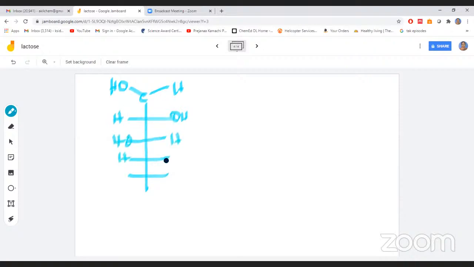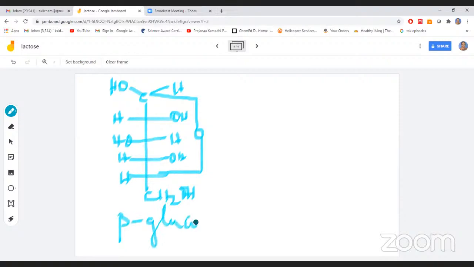So this is my glucose, I know very well. I need to put the hydrogen here, and this is beta glucose. This beta glucose is going to react with the galactose.